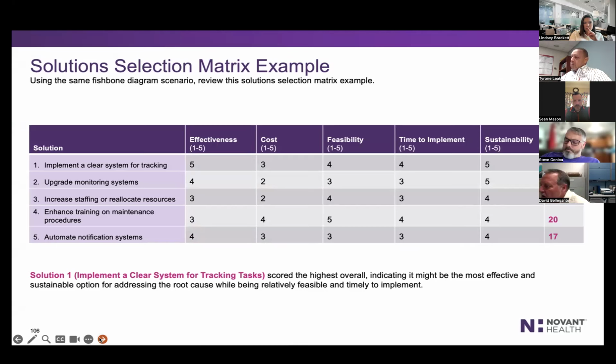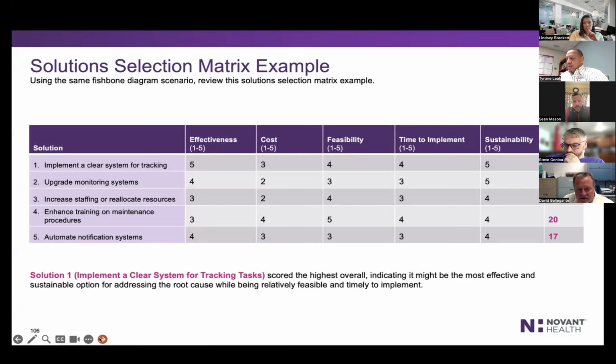And so this is an example of what that looks like. Like implement a clear system for tracking. It gives you your different variable matrices to tie to that.